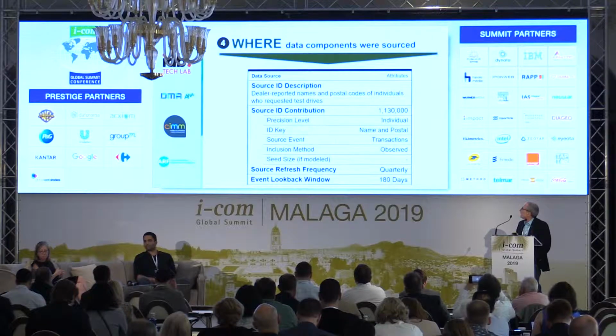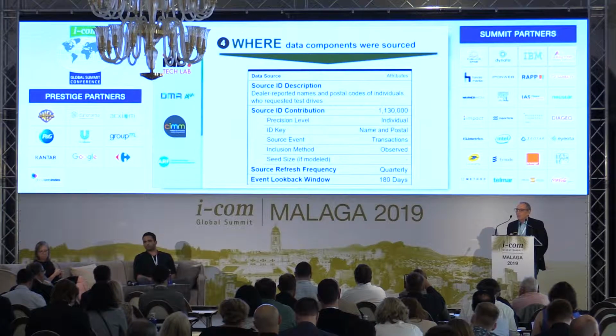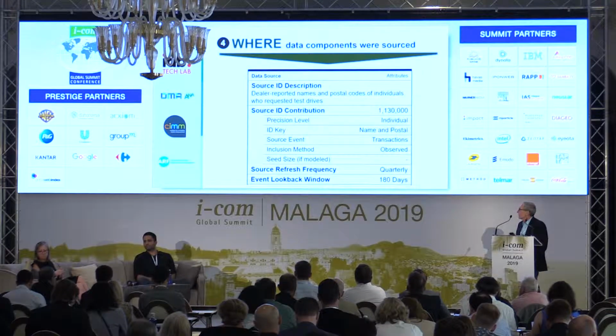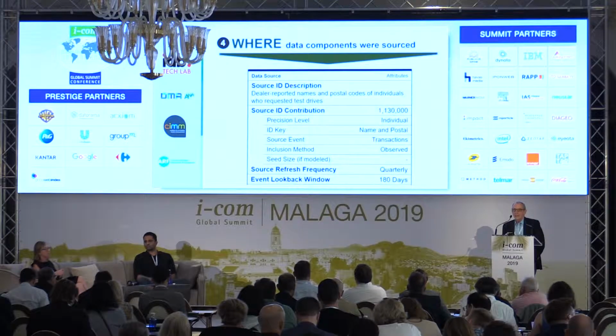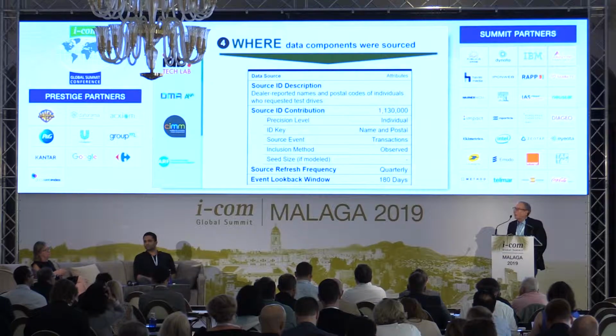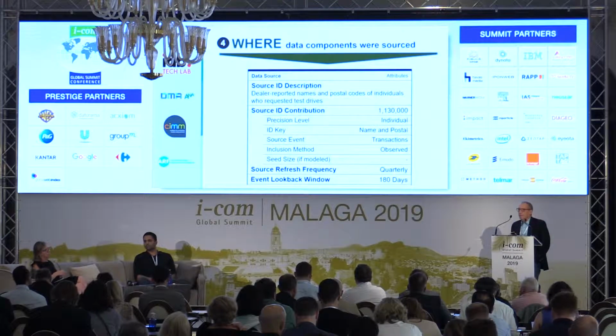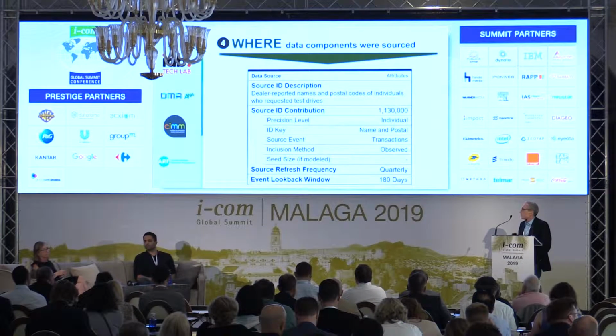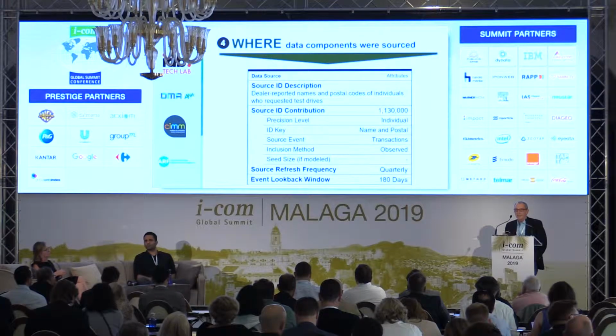And then finally, where all of these components came from, because sometimes a retail data target will actually be sourced from multiple sources. So I think you can agree this is not particularly easy necessarily. It's a lot of categorical level data that describes in some detail where a data segment was sourced, but the idea was that this at least takes a step in the direction of transparency.